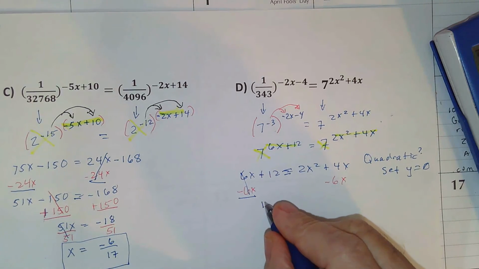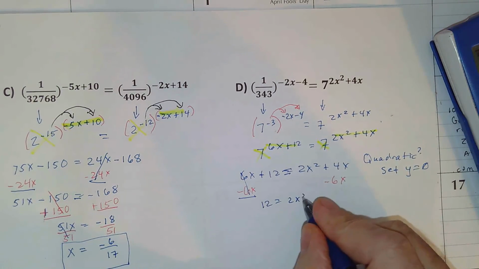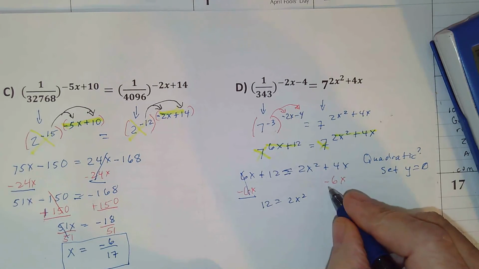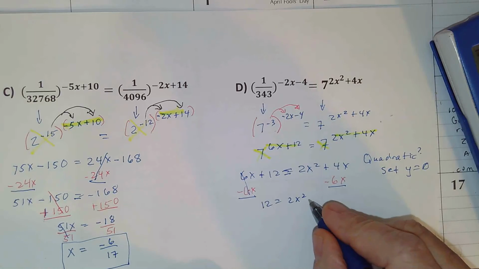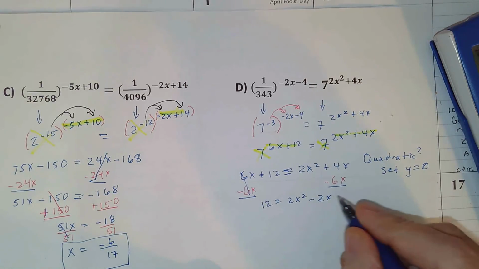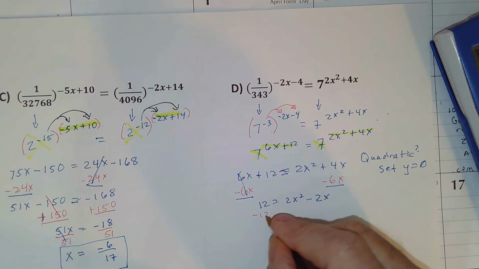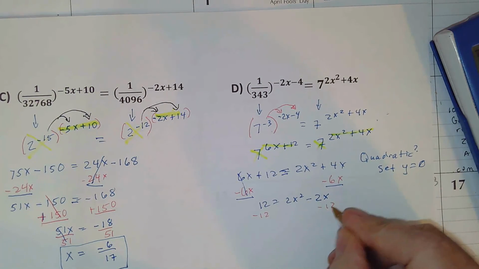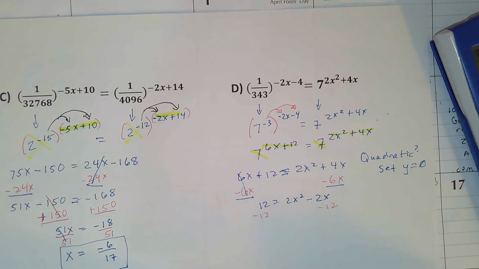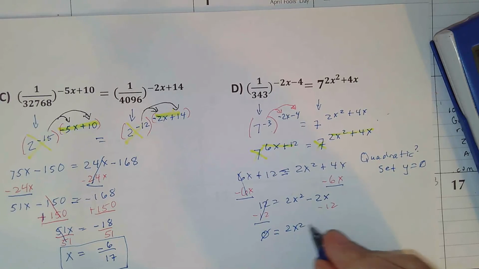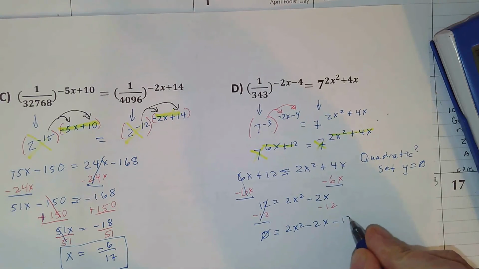So I get 12 equals 2x squared, and negative 6x and 4x is negative 2x. Now I'm going to add the 12. Oh, I'm sorry, subtract the 12 to get rid of it. And obviously that's not a like term, so I'm just going to tack it on to the other side. 12 and the negative 12 go away, and I'm left with 0, which is what I want, equals 2x squared minus 2x minus 12.